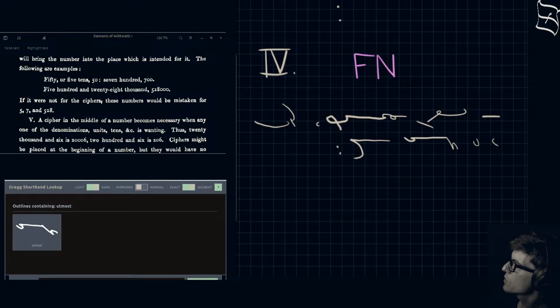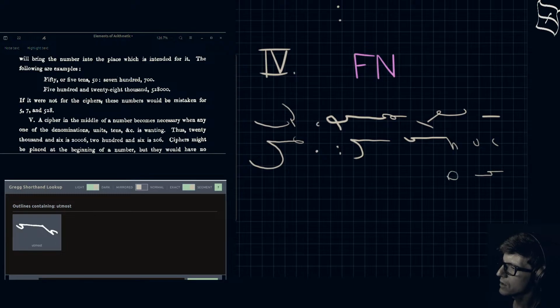The word that we want to use there is a symbol known as a cipher. A symbol known as a cipher.